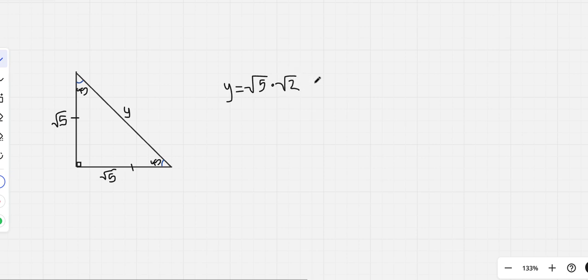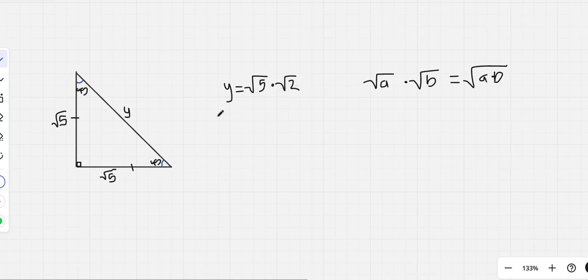Now remember the properties of multiplication. If a and b are real numbers, then the square root of a times the square root of b is equal to the square root of a times b. Which we will write here.